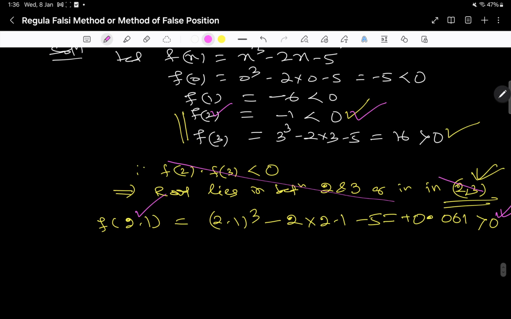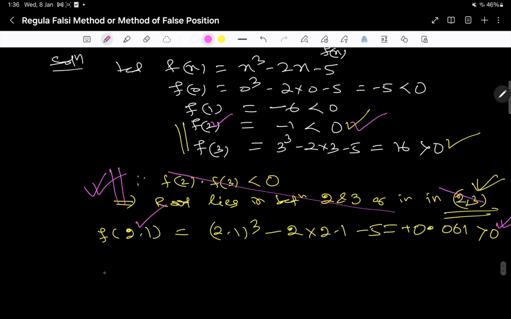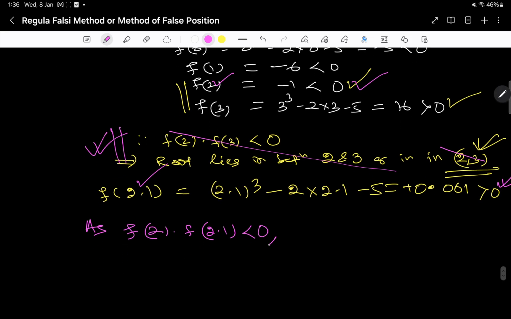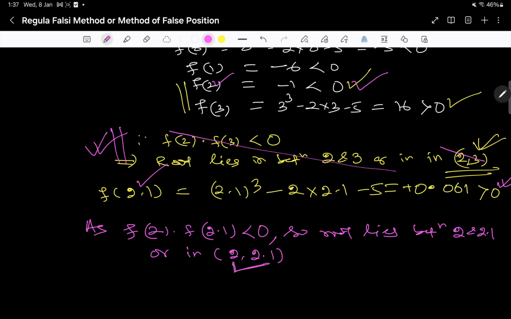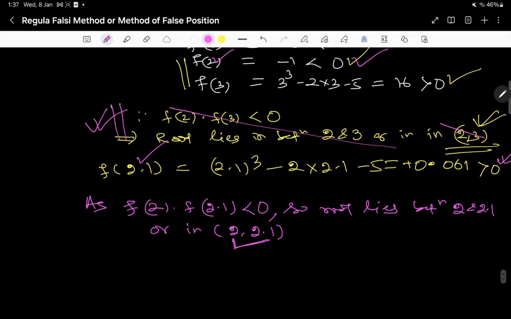So if we move like this, fine, but to get the answer quickly, as f of 2 into f of 2.1 is negative, the root lies between 2 and 2.1, or in the interval (2, 2.1). You see the endpoints are close enough, so we get the result quickly.